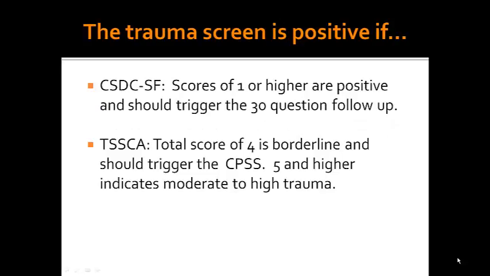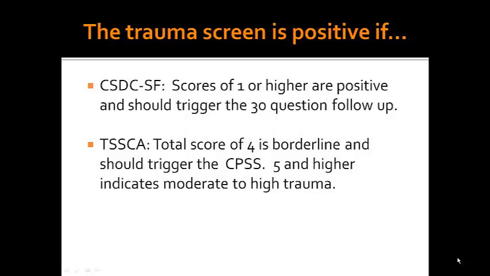So, here's how you know if within these screening tools that a screen is positive. Within the CSDC, the short form, scores of 1 or higher are positive and should trigger the 30-question follow-up for a parent. It is likely preferable to have the parent fill that out the same day they're filling out the short form.